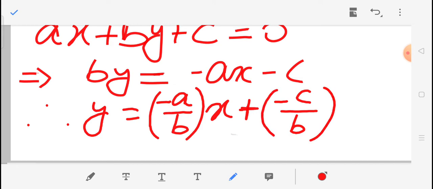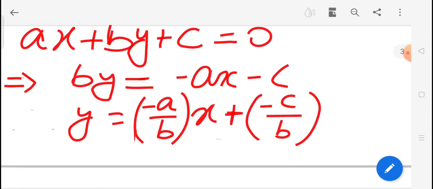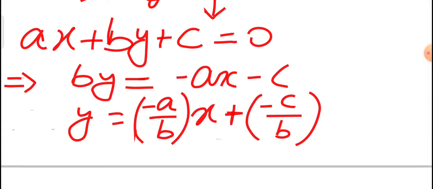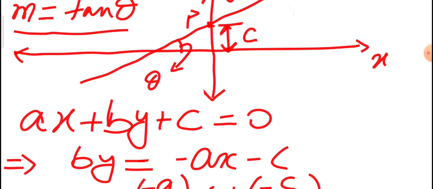So now we can compare this equation with the slope intercept form. If there is an equation in its general form, then we can compare it with the slope intercept form and find out its slope and intercept.